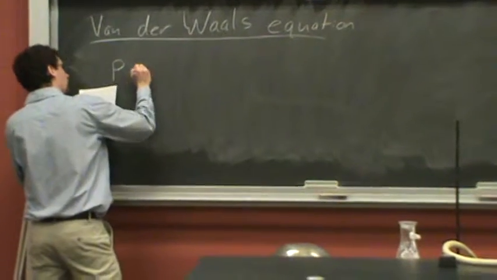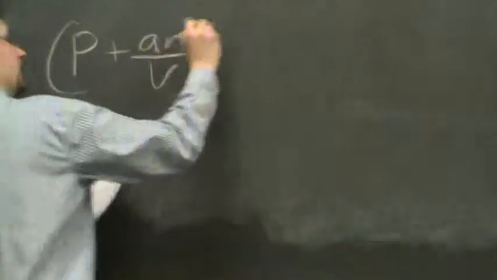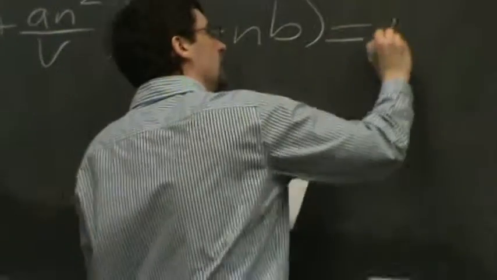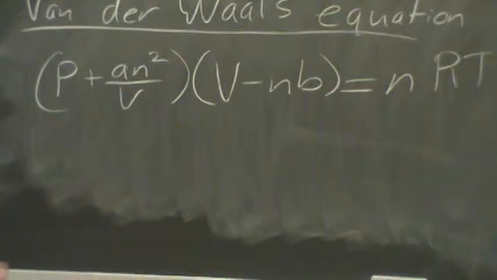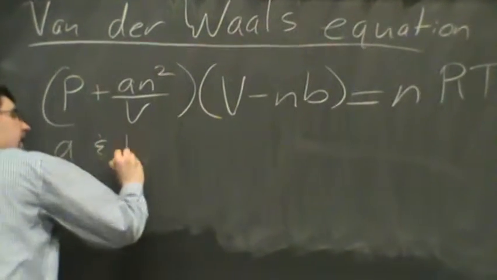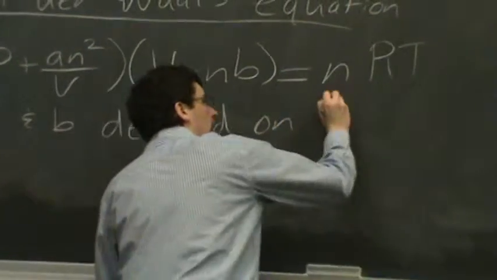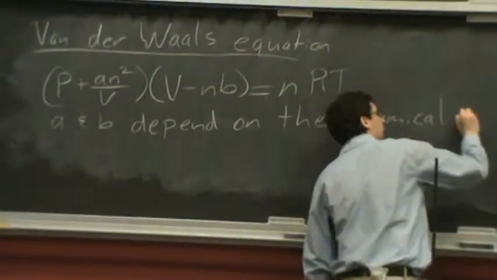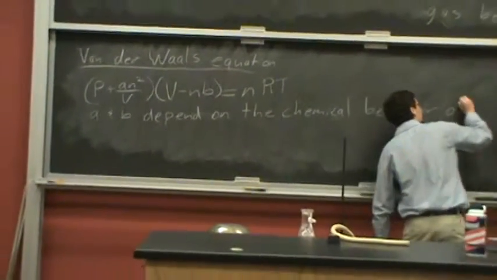So, the way it looks is the following. The minus nb is equal to nRT. And what these a and b are, a and b depend on the chemical behavior of the gas.